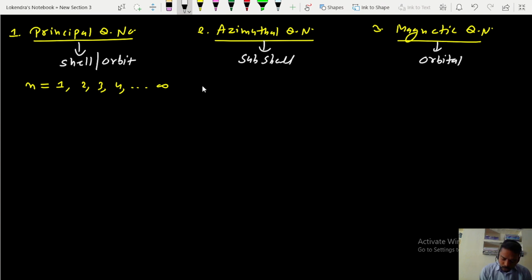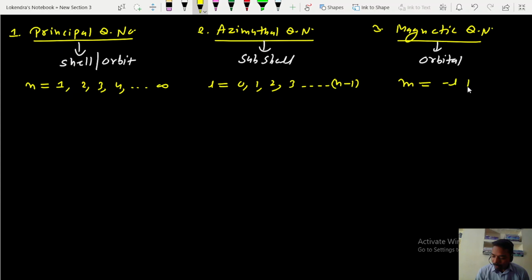It is represented by small l, and l has values 0, 1, 2, 3 and so on. It is dependent on the value of small n, and it has values from 0 to n minus 1. And the next one is the magnetic quantum number, represented by small m, and m has values from minus l to plus l.